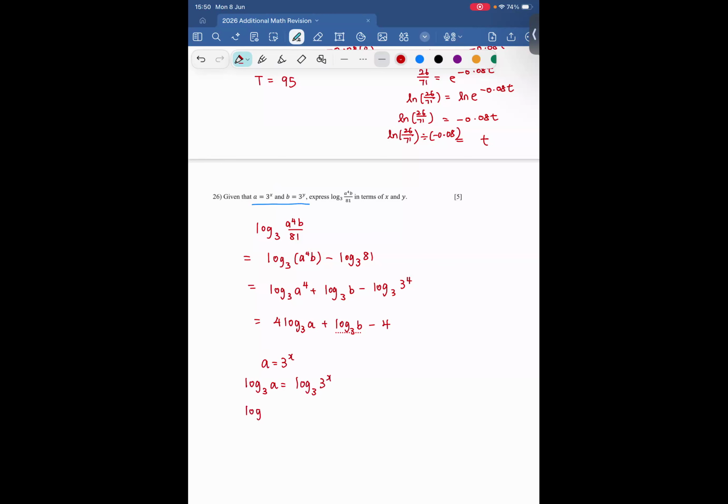Okay, and you can see that for this part, the x can bring down. Then this is just log 3 3. Log 3 3 is just 1. So you can see log a base 3 is just x. Now do the same thing to this. Then can you continue yourself? Continue from here yourself and go and find what the question wants.